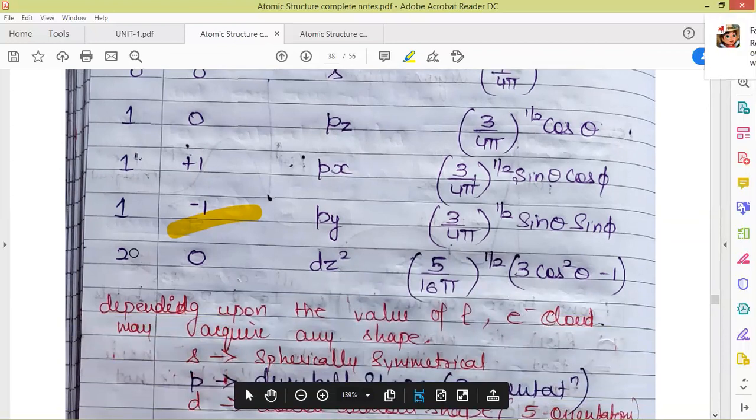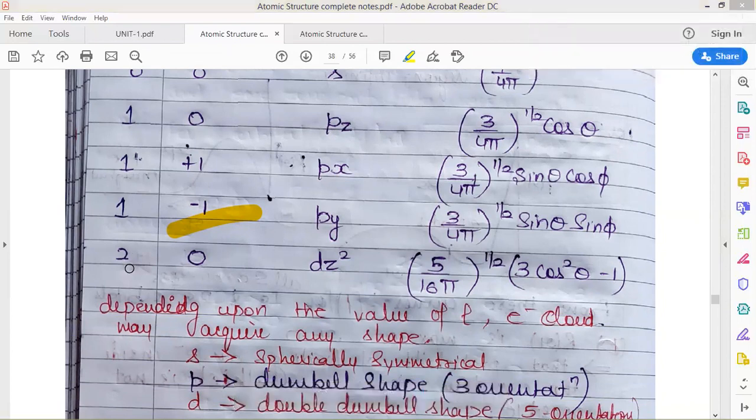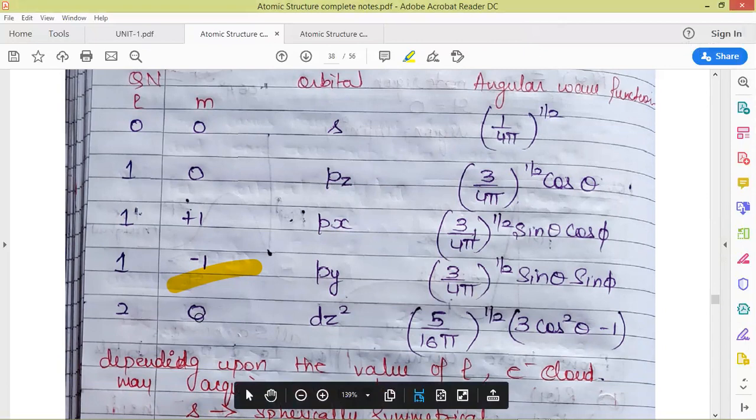Next we have n as 2, and the possible values of m for l as 2 are -2 to +2, that is -2, -1, 0, +1 and +2. So there are 5 possible values. Here we are taking just one value, which is 0, which represents one of the d orbitals, dz square, and for that the angular part is this.